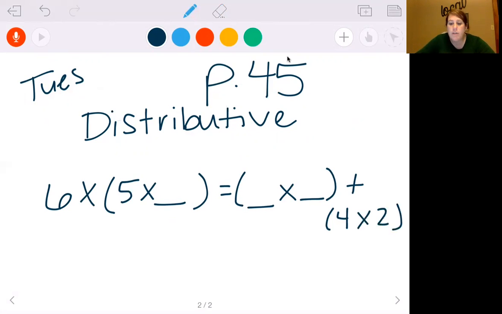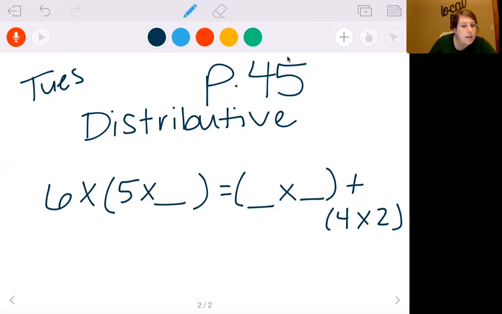All right, so it looks confusing, but if you look at it, it's really just filling in the missing numbers. So we have a 6, a 5, 4, and a 2. So if we do the front side, what we're missing here is the numbers that coincide with the other side.